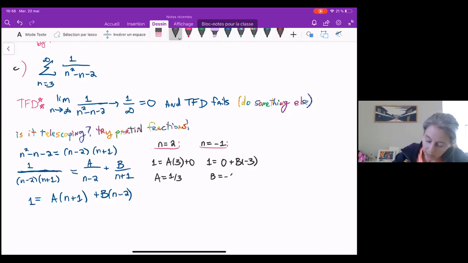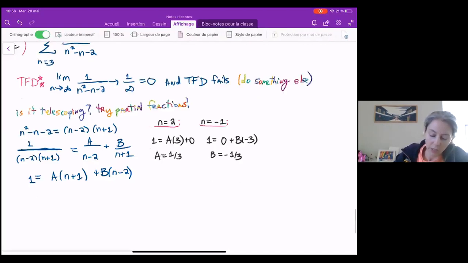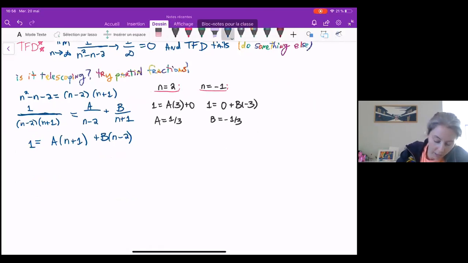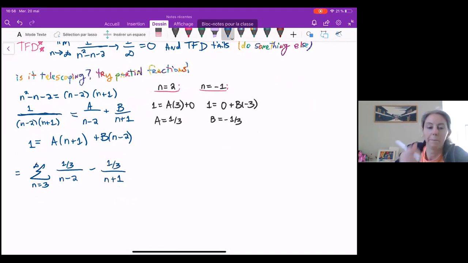B is equal to negative 1/3. So this series then is equal to the sum n equals 3 to infinity of 1/3 over n minus 2 minus 1/3 over n plus 1. And it's a subtraction, so probably telescoping.